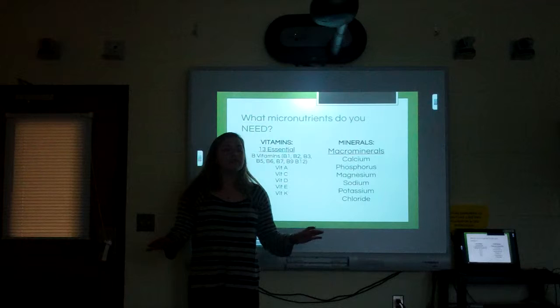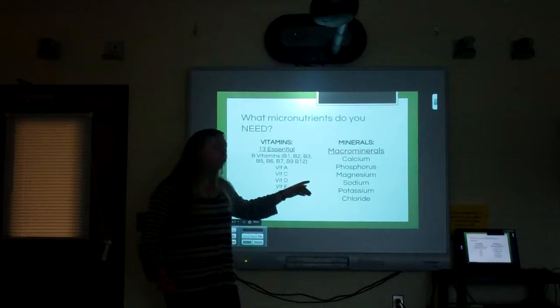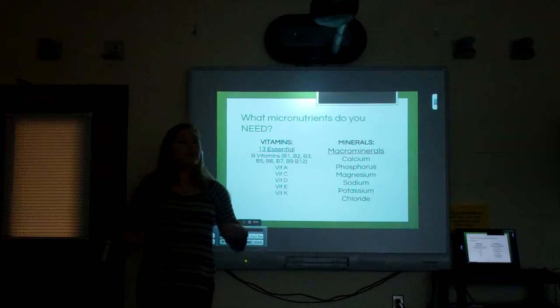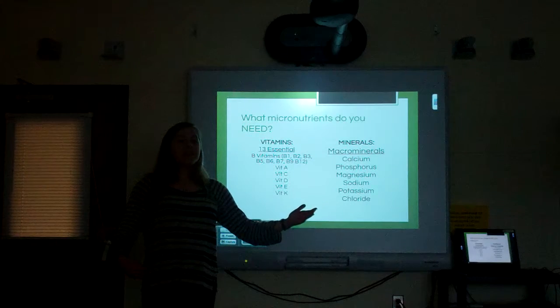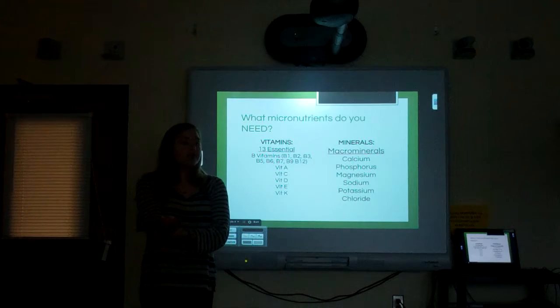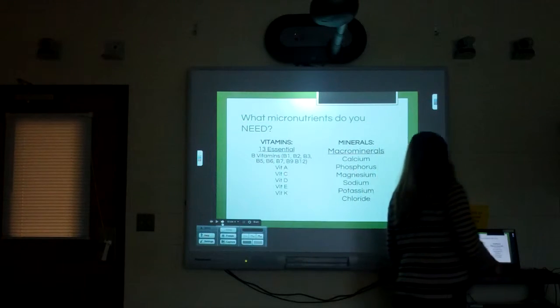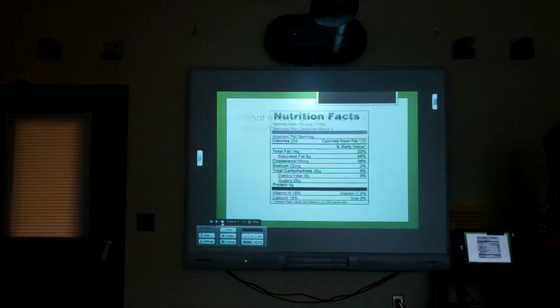We have a skew of minerals that we won't list because it goes on for a while, but these are the macro minerals, which means that these are the ones that make up the largest amount in our body. So most people know calcium is a big part of bones, right? And bones make up a lot of our weight density. So that is why it would make sense that calcium is our largest mineral component of our body.